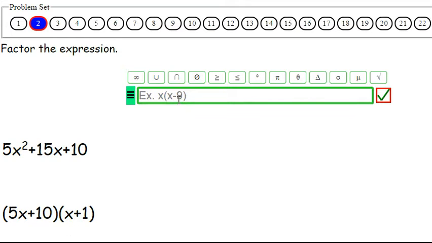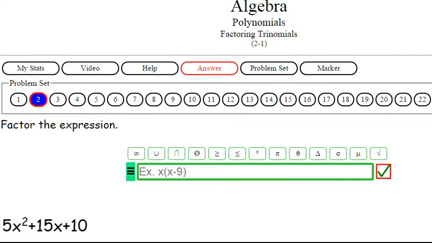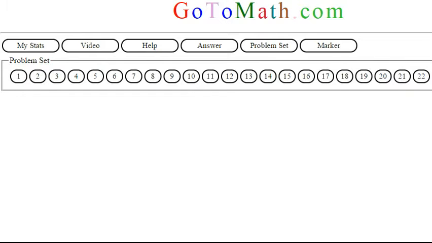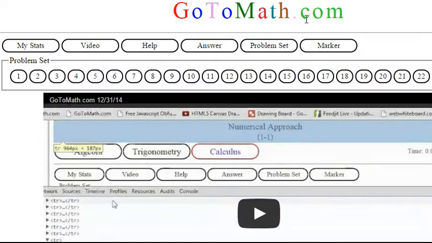My guess is that this is the answer you're going to want to put up in the checkbox, if you want to do that. Okay, well, we're over here at gotomath.com getting it figured out, and I'll see you in the next problem.